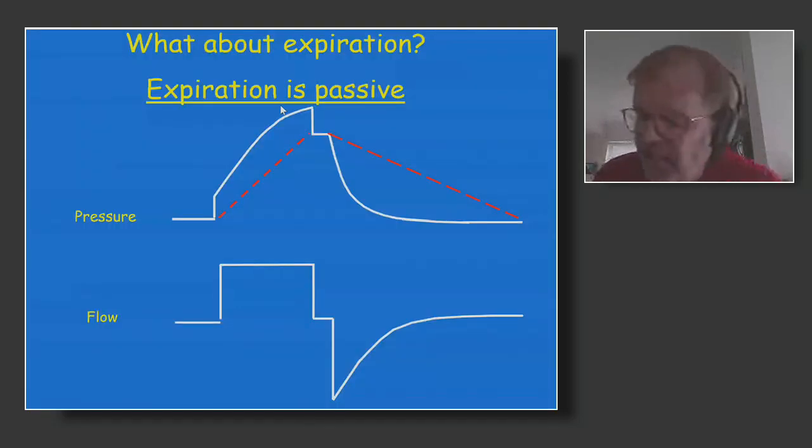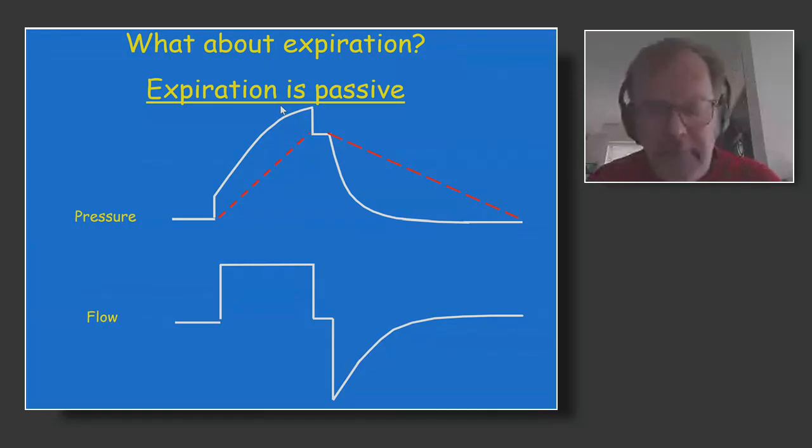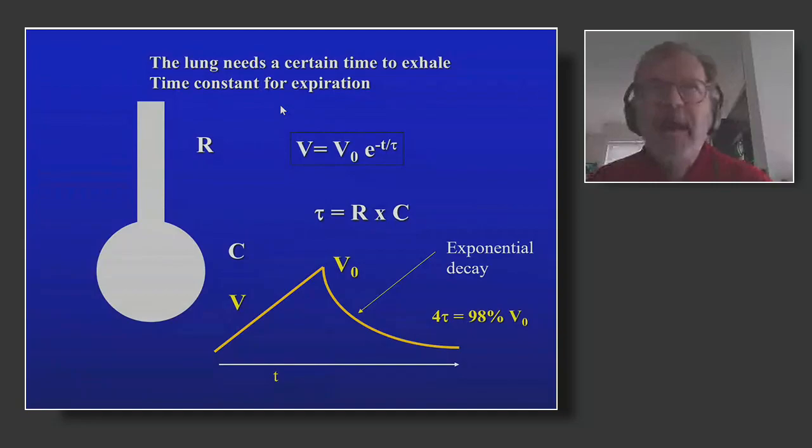Let's finish by having a few minutes about expiration. Expiration is passive. Once you have insufflated the lung, the ventilator just opens the expiratory valve and the pressure goes down. How does the pressure go down in a system like the respiratory system?